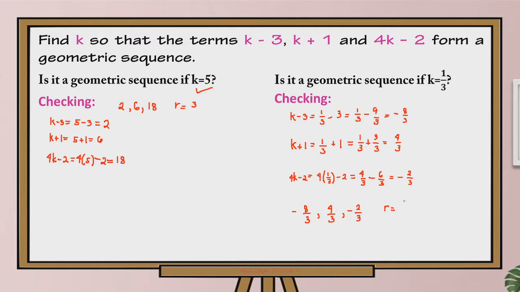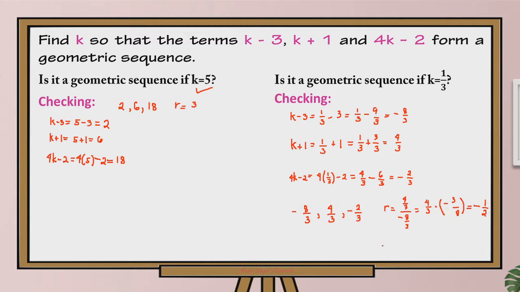So we have, try natin si 4/3 divided by yung nauna, negative 8/3, and that is equal to 4/3 times yung reciprocal ng negative 8/3, which is negative 3/8.